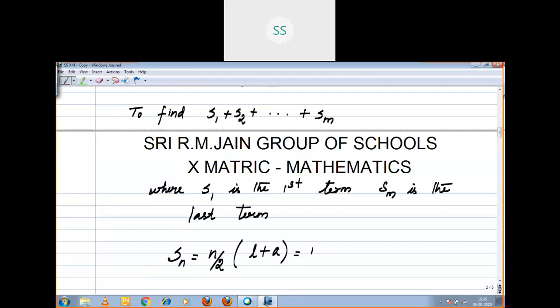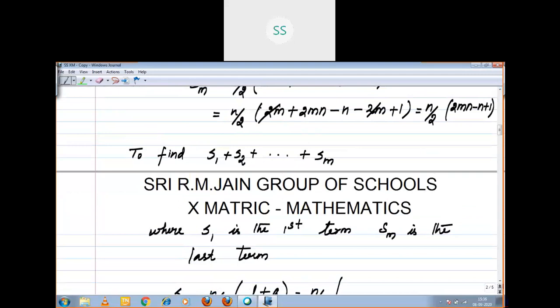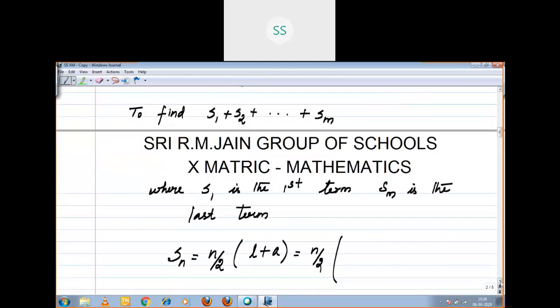Then n by 2 into what is your L? Children, what is your L? Here, what they are asking is S1 plus S2 plus etc. up to Sm only, no? One minute, I am going to see that format, children. Sm. That means here also, what is your thing?